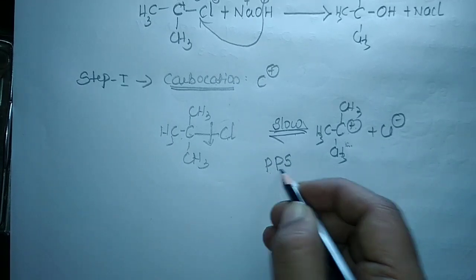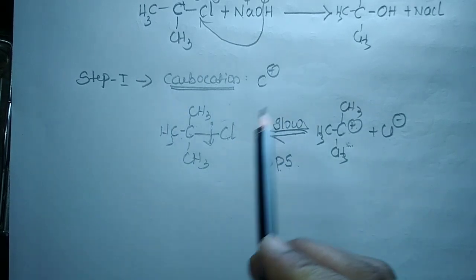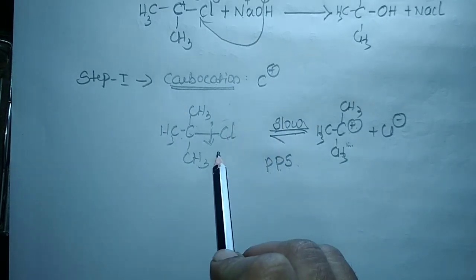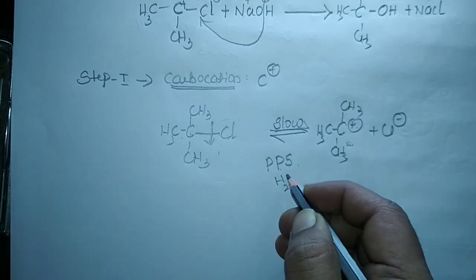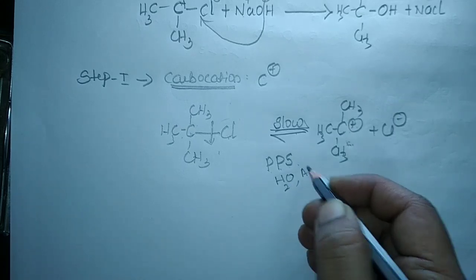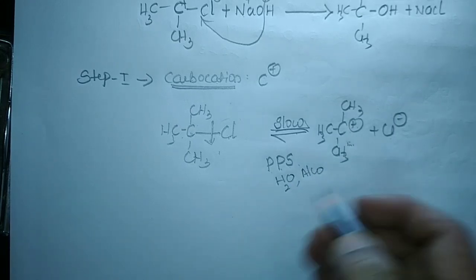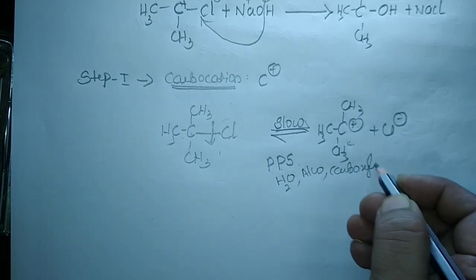What do you mean by polar protic solvent? For example, since we are carrying out the reaction, we need a medium for this. So for that reason I can do this reaction in the presence of water, which is polar in nature. I can carry out the reaction in the presence of alcohol, which is polar in nature. I can carry out the reaction in the presence of a carboxylic acid, which is polar in nature.